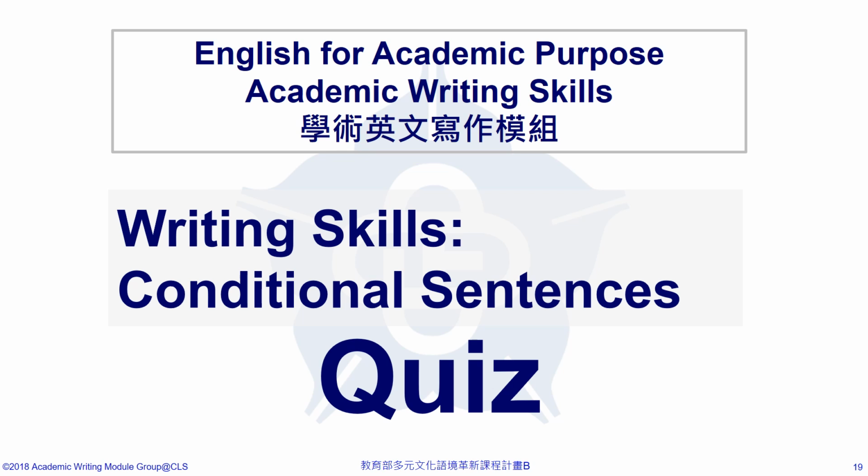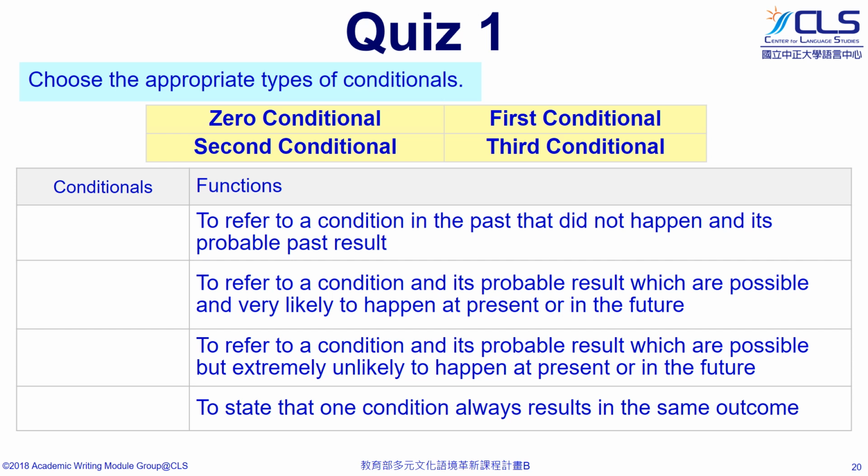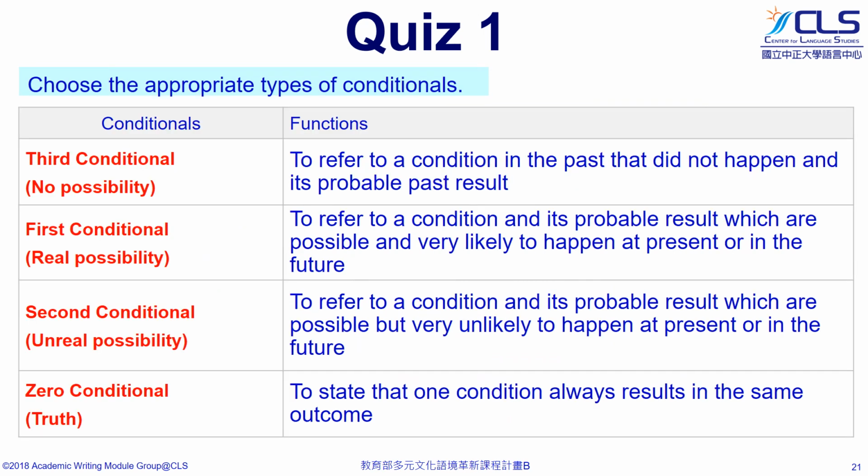Now, let's move on to the quiz part to check our learning. First, please choose the appropriate answer. As we can see, zero conditional refers to one condition which always results in the same outcome, while the first conditional refers to a condition and its probable results, which are possible and very likely to happen at present or in the future.